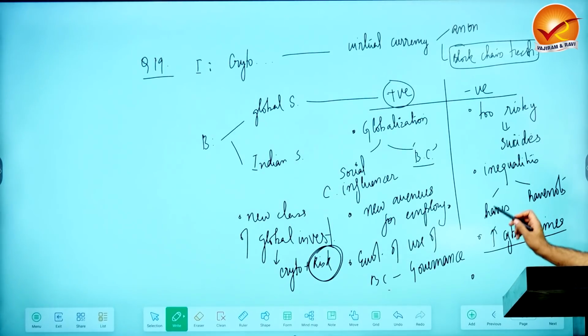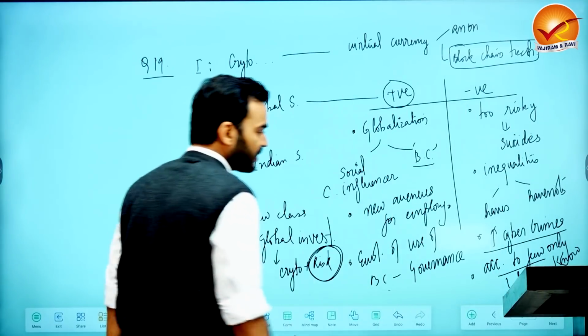And again, cryptocurrencies are accessible to very few. Haves are those who have knowledge about cryptocurrency, have-nots are those who do not.